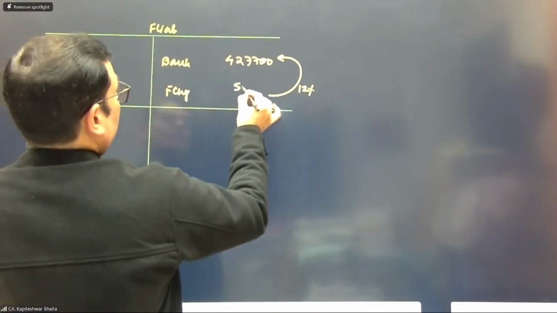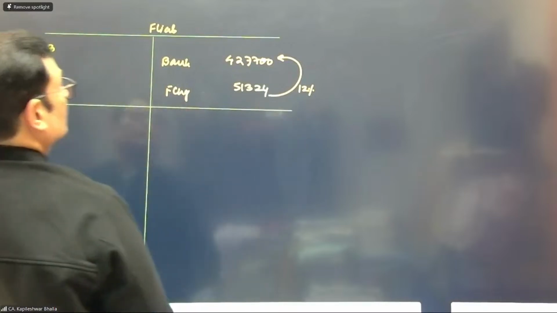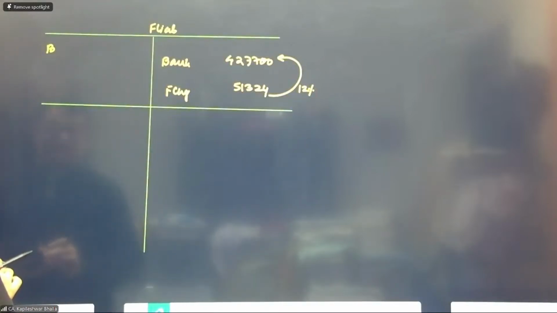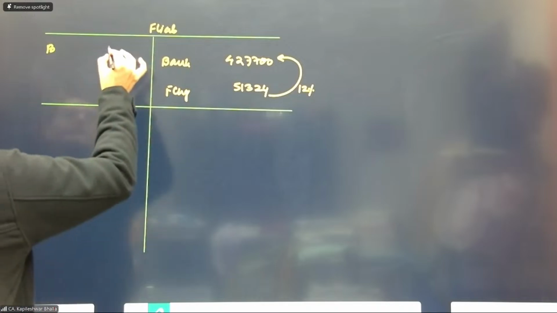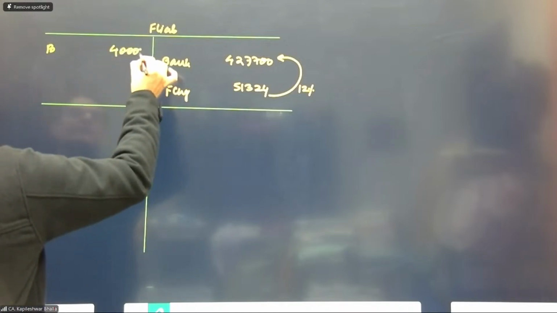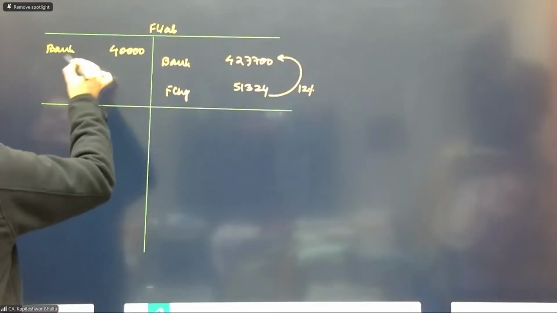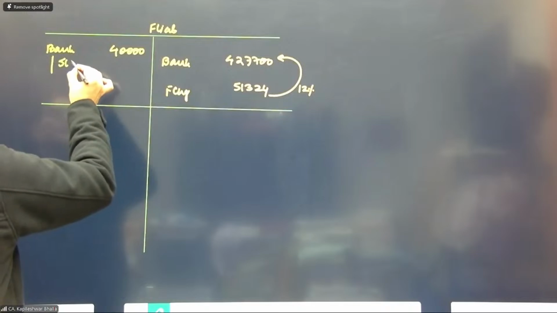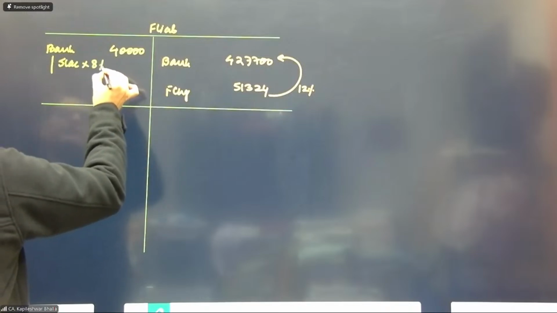And then we make a payment at the coupon rate of 8%, which is 40,000. So the payment is made on proceeds of 5 lakh at the rate of 8%.